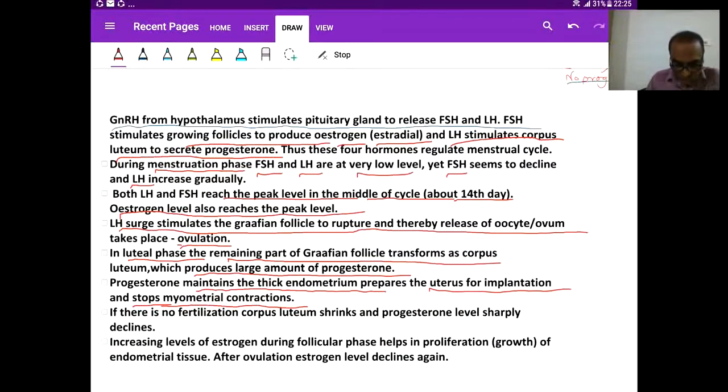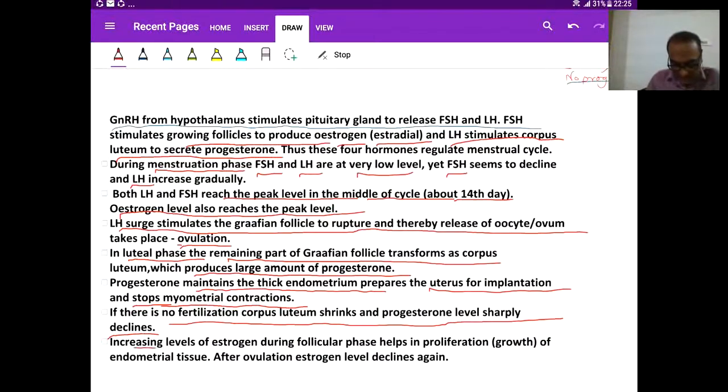And if there is no fertilization, the corpus luteum shrinks and the progesterone level will be sharply declining, as we know, because the corpus luteum will be changing into corpus albicans. It shrinks and forms the corpus albicans.